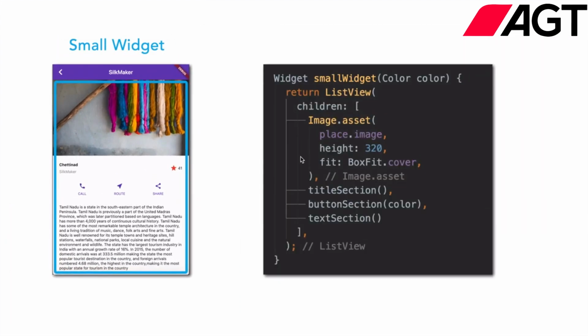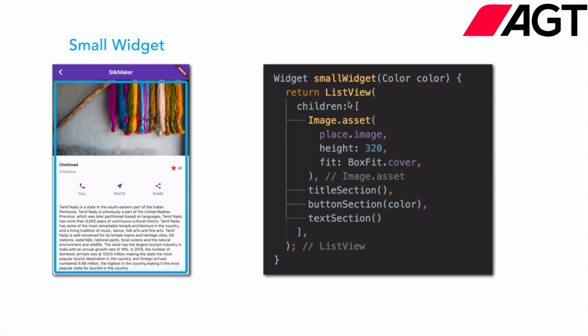So here is a code to build the small widget. We have built the small widget using a list view containing children because the layout items in this widget are going to cross the height of the window. So we kept them to be scrollable. For this reason, we used a list view.